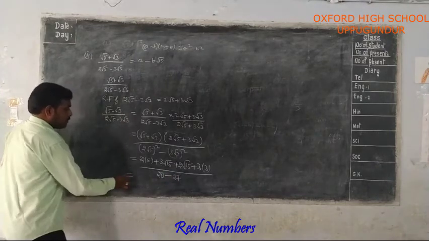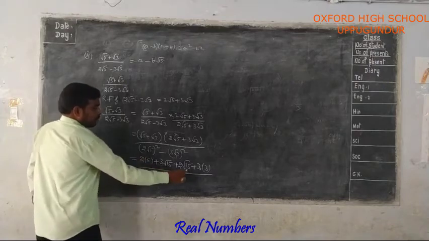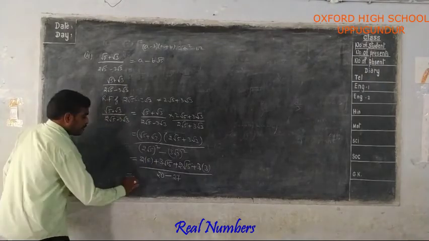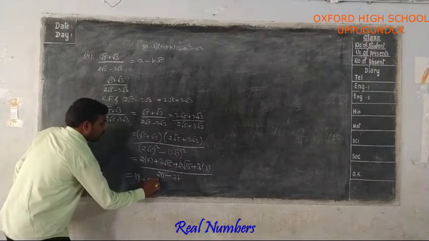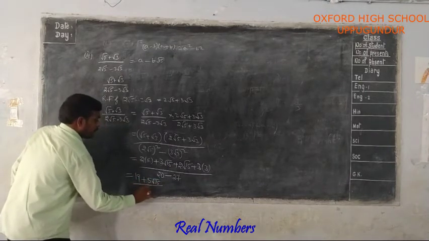Now the numerator becomes 2 fives are 10 plus 3 threes are 9, 10 plus 9, 19, plus 5 root 15, by minus 7.